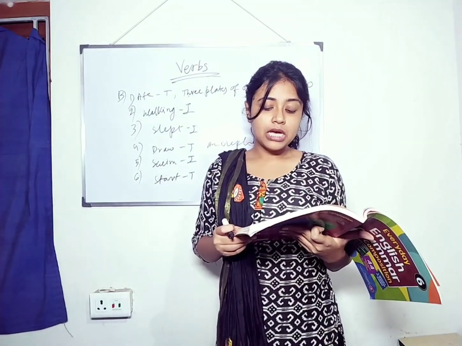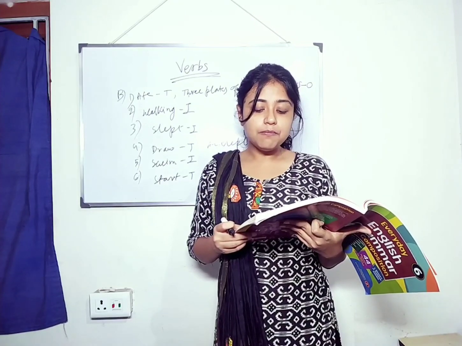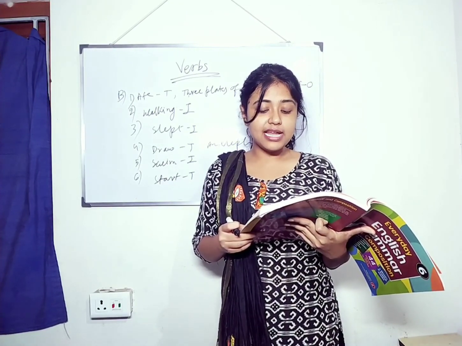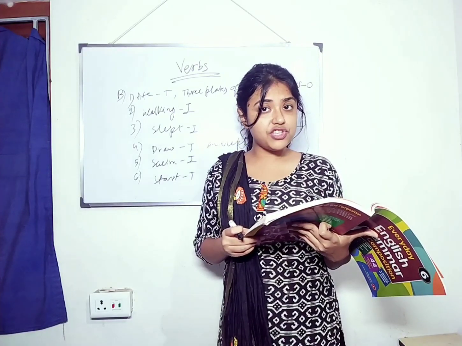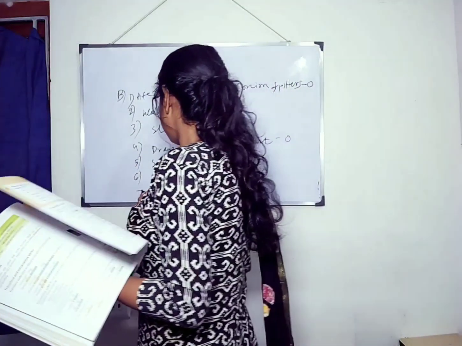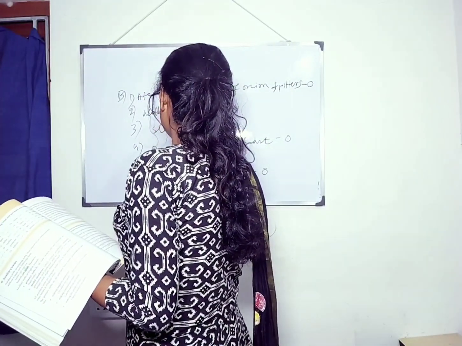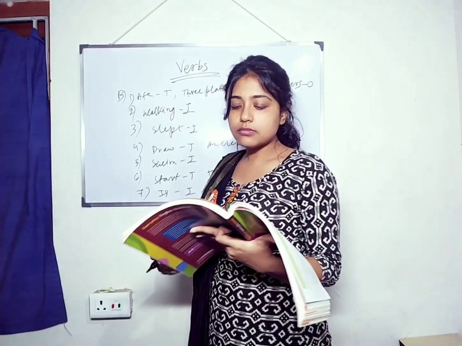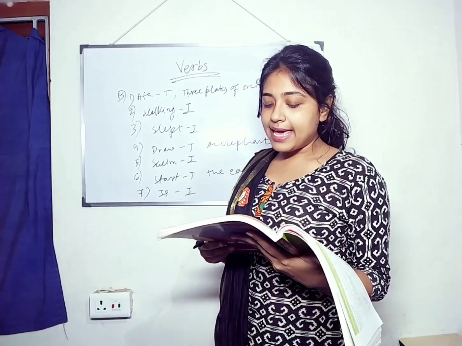Number 7. Alisa is Moin's elder sister. Do we find any object here? No. Is is the main verb. It will be intransitive. Number 8.